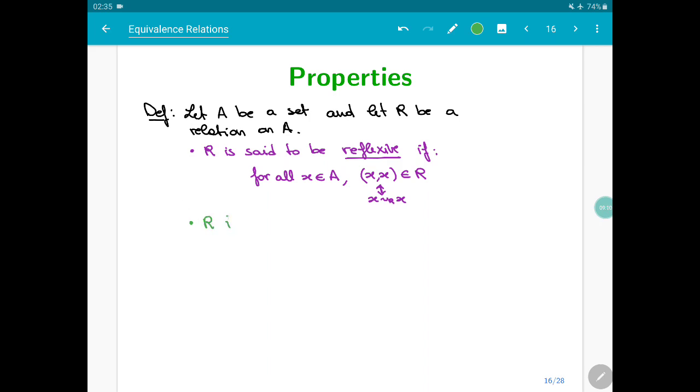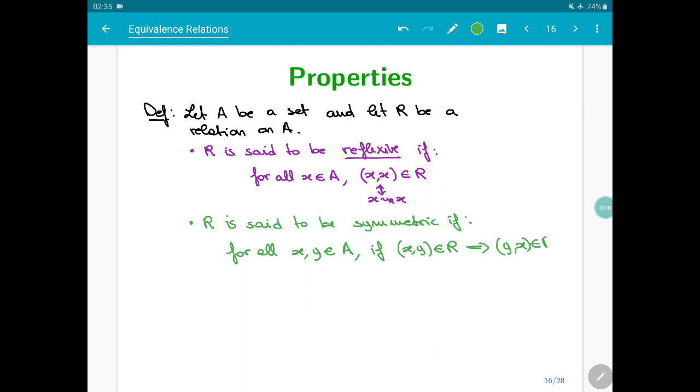We say that R is symmetric if for all x and y in A, if (x, y) belongs to R, then also (y, x) belongs to R. Okay, so remember here I'm saying that if x is in relation with y, also y is in relation with x.